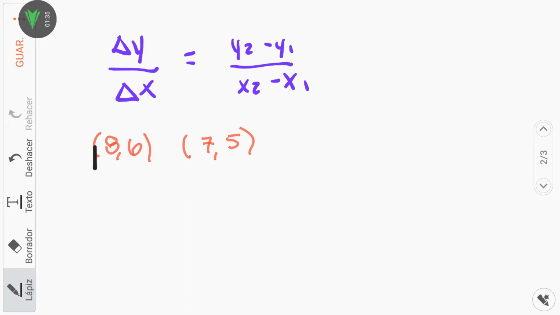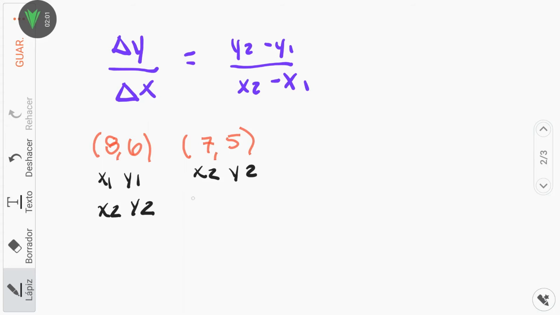So I'm going to choose, remember that this is x, this is y, this is x, this is y. So I'm going to choose this as my x1, this will be then my y1, this will be my x2, and this will be my y2. Something really important here is that it doesn't matter if I assign this as my x1 or my x2, as long as if I choose this to be my x2, then this y must be y2.